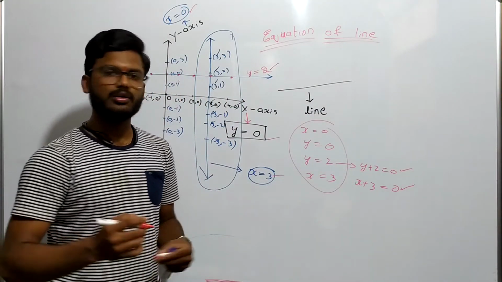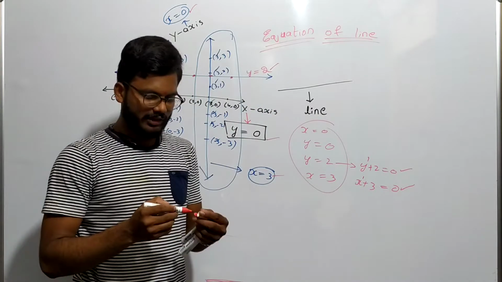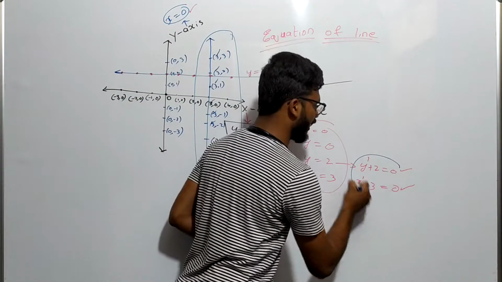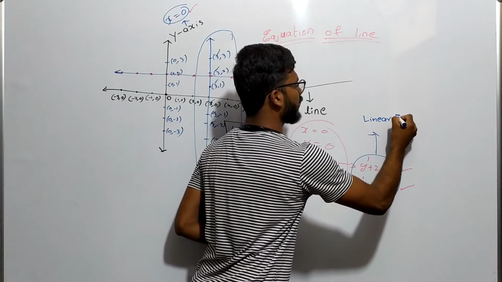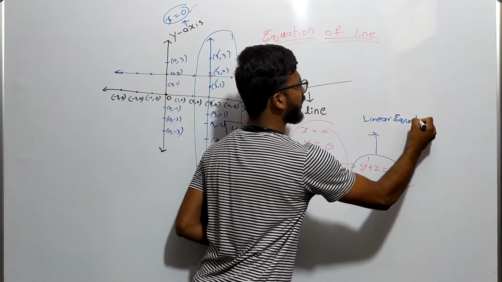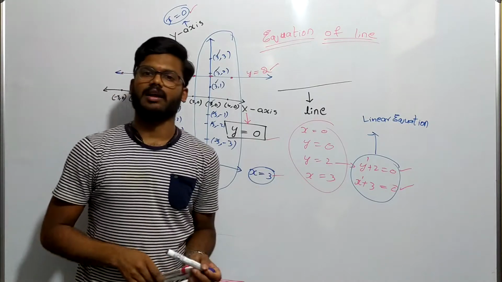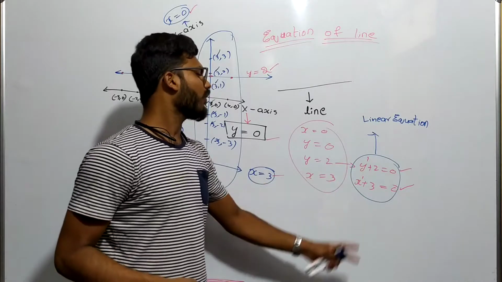Those two are equations with degree 1, nothing but linear equations. Yes or no? Can I tell these two as linear equations? I can tell, right? So any linear equation represents a straight line on a graph, and here we have only one variable.